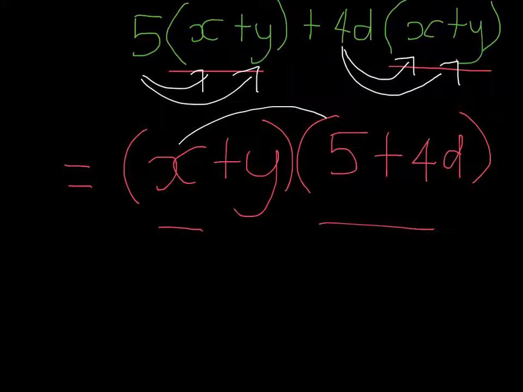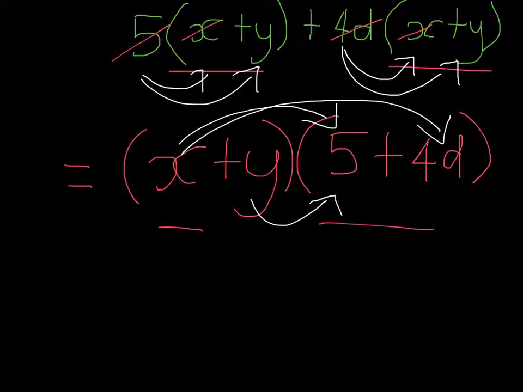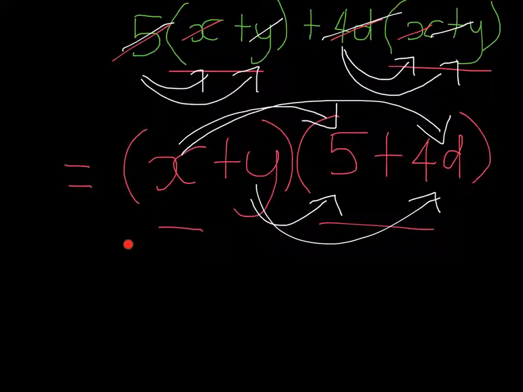So x times 5, x times 4d, accounts for 5 times x and 4d times x, and then on the other side, y times 5 and y times 4d. So quite simply, this here is the way to factorise an expression that looks like this one.